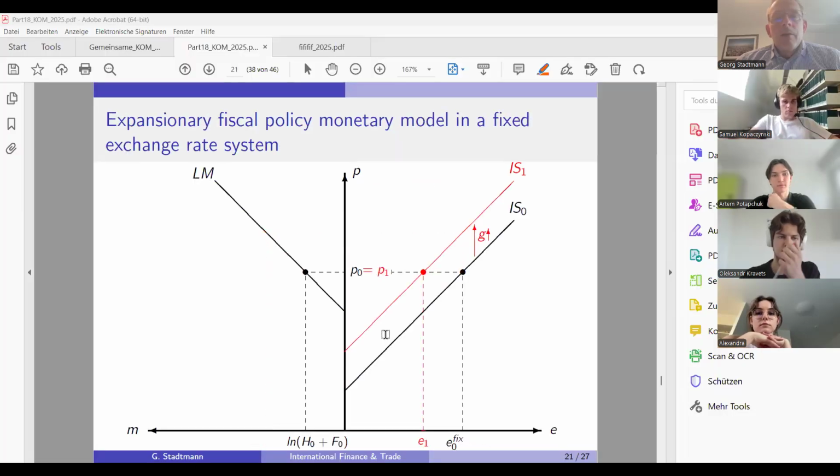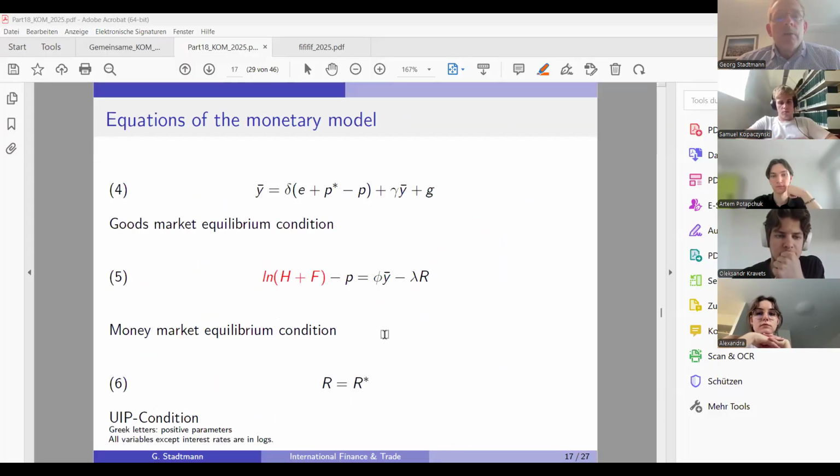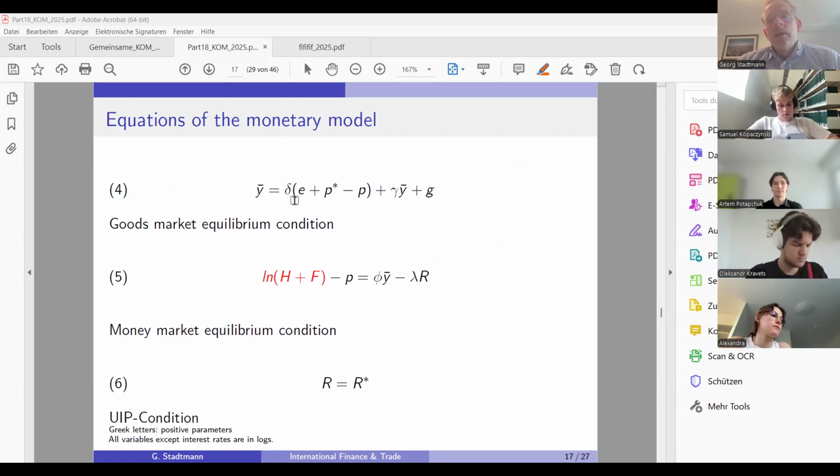Of course, each Greek coefficient stands for a different parameter, and you can find the different Greek parameters in different parts of the equation. So we have a delta here in the goods market equilibrium condition. A delta tells you how goods demand changes in case that the real exchange rate changes by 1%.